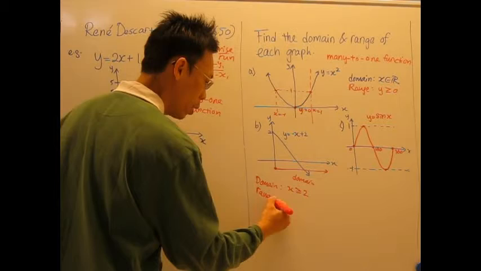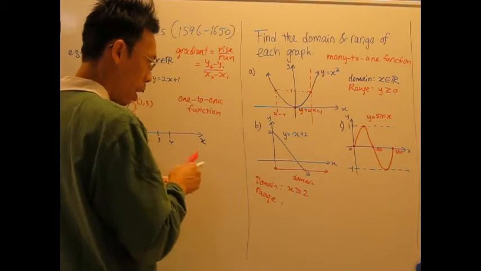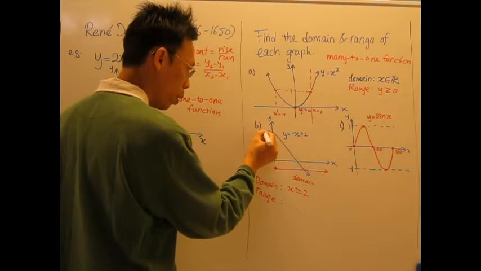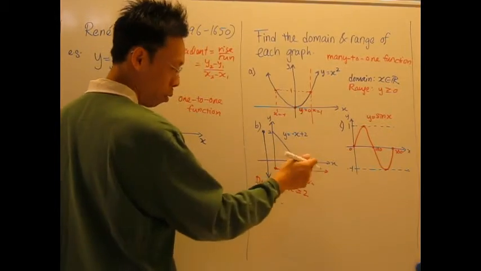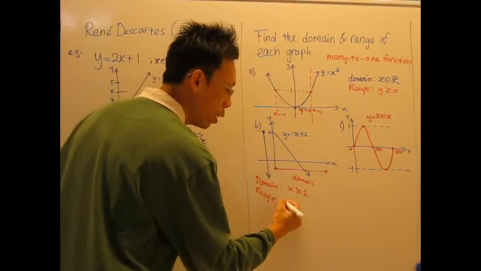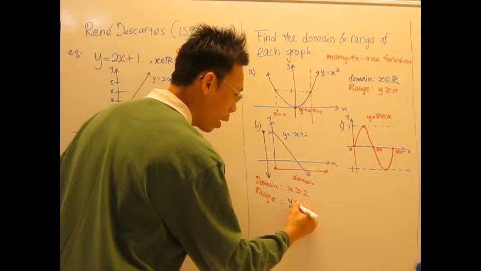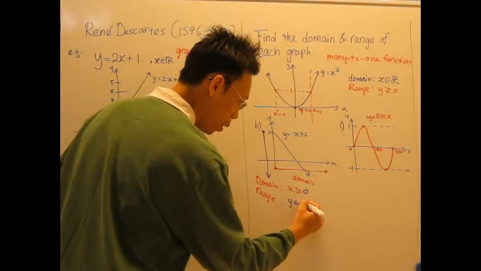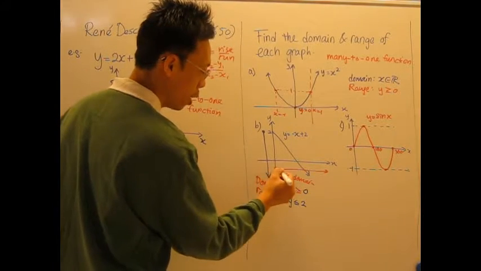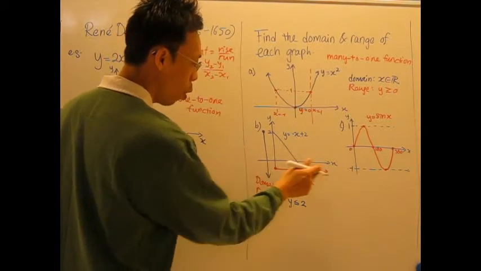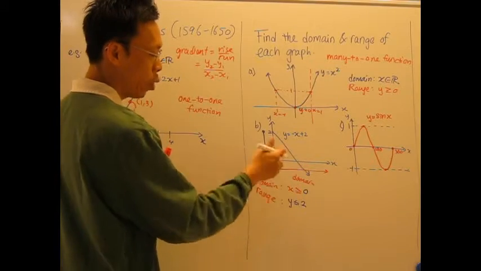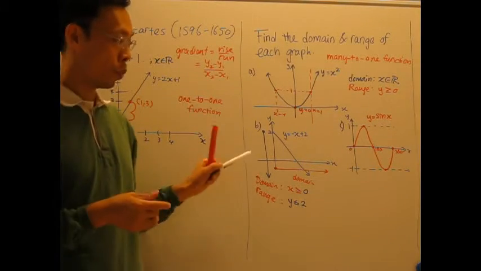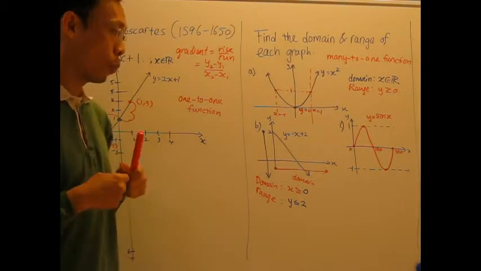Well, the range here is this, starting from this point and it goes all the way down. So here y is less than or equal to 2, because x here is 0. Less than or equal to 2.